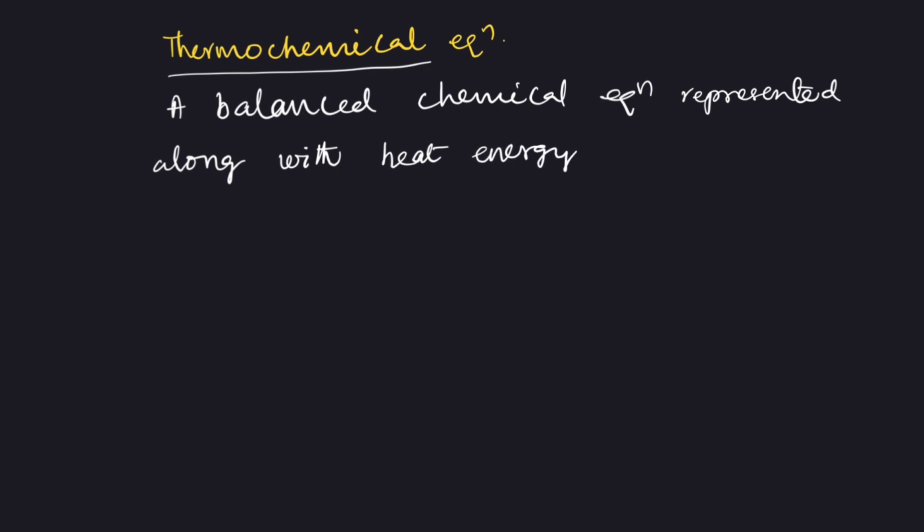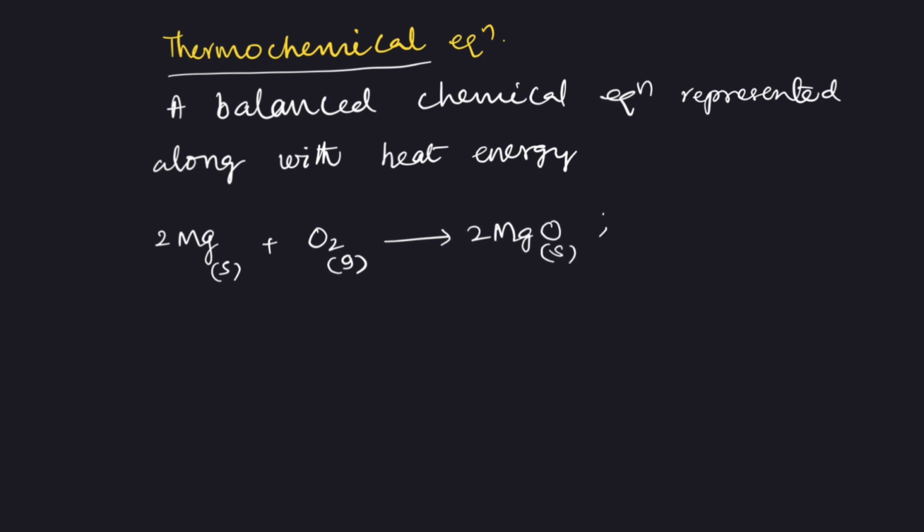In a few reactions energy may be gained, or in a few reactions energy may be lost. So that loss or gain of energy is also represented, then that is a thermochemical equation. For example, this 2 Mg solid plus O2, this is a gas, gives rise to MgO solid.